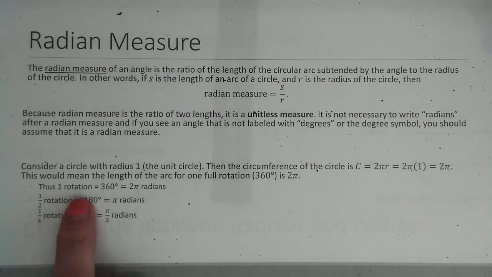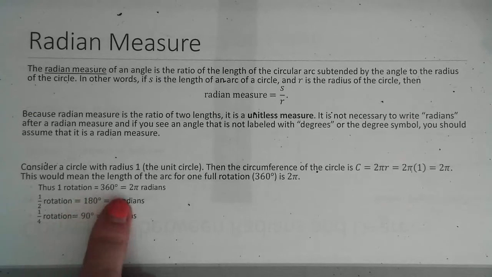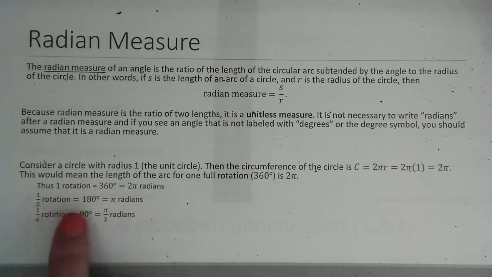Half a rotation, which we normally think of as 180 degrees, is going to be pi radians. And then 1/4 rotation, known as 90 degrees, is going to be pi over 2 radians.